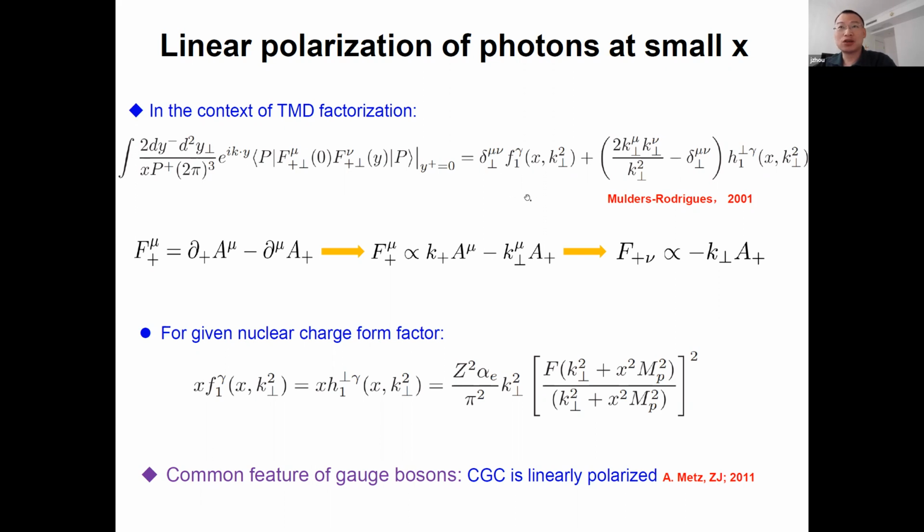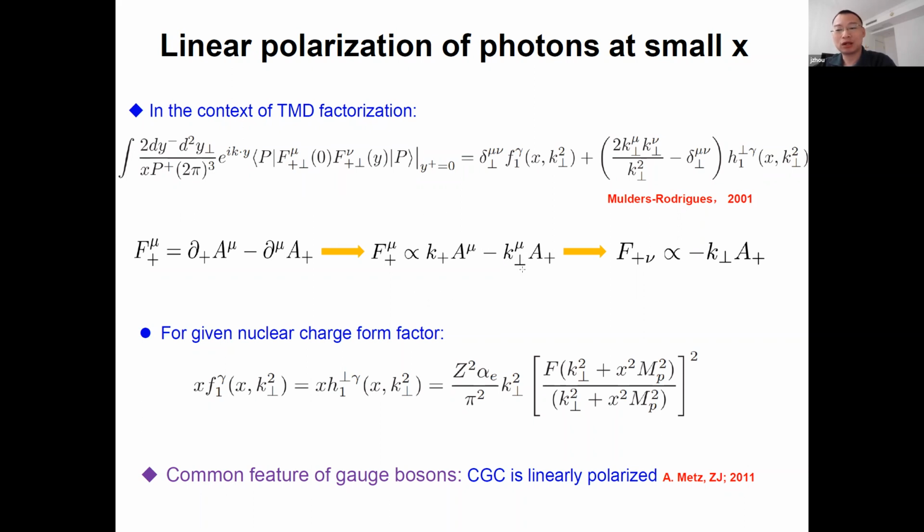The coefficient associated with the first structure is the unpolarized photon distribution. The second one is the linearly polarized photon distribution. So this is the definition of the electromagnetic field strength operator. By taking a partial derivative, it can be converted into this form.